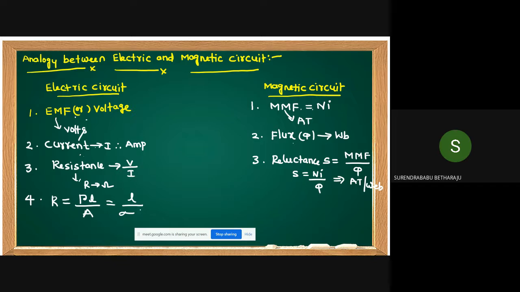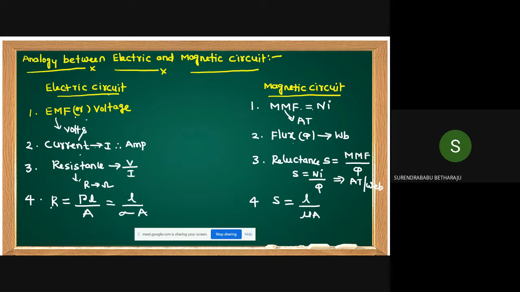Then what is the equivalent in the case of a magnetic circuit? That is the reluctance. Resistance is L by sigma A, but reluctance is L by mu A.